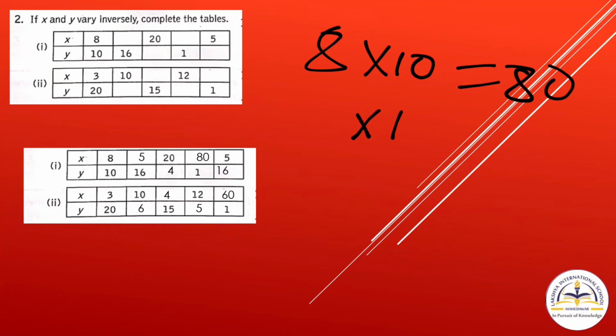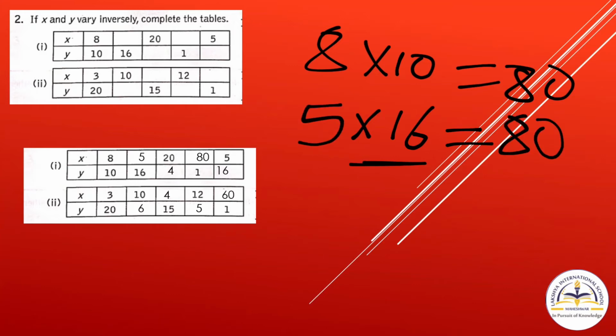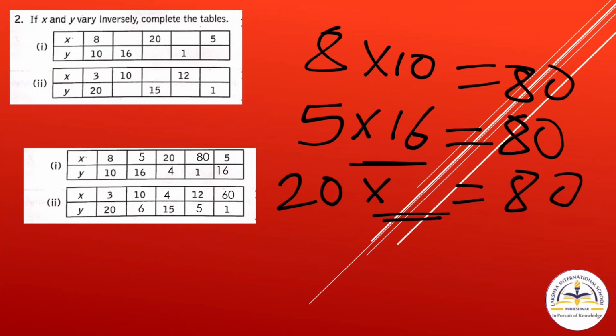So which number do we multiply by 16 to get 80? That is 5. Now 20 is given. Which number do we multiply by 20 to get 80? 2 fours are 8, and 20 times 4 is 80. So the answer is 4.